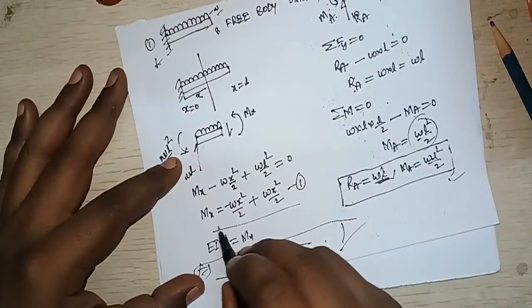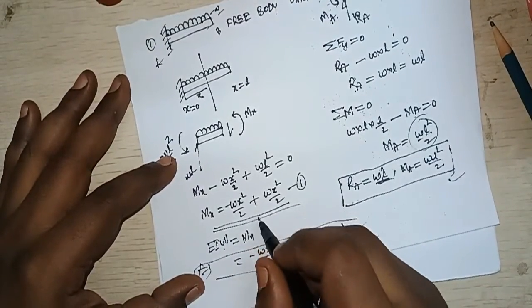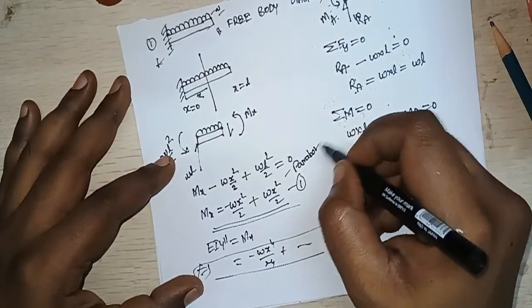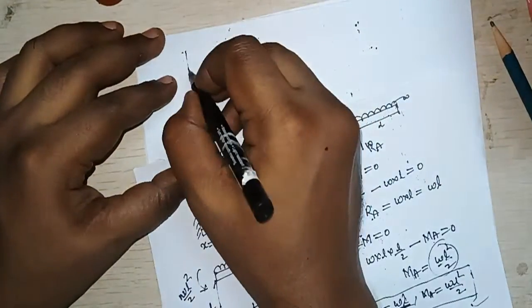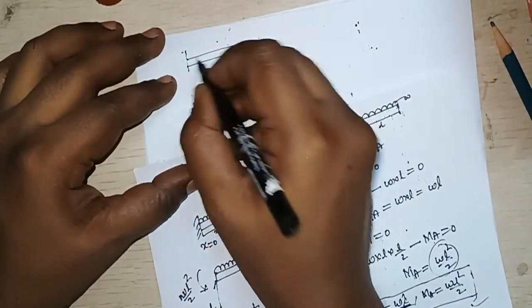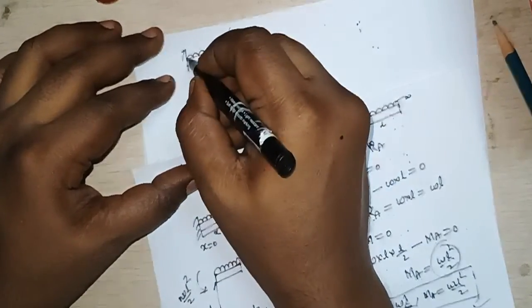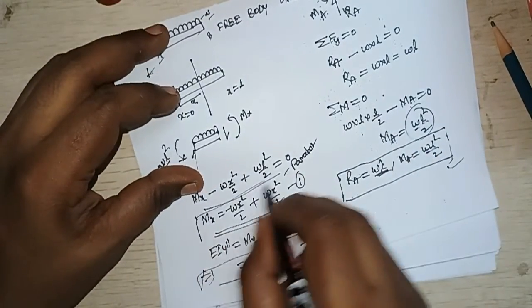Okay, let's draw the bending moment diagram. See how you will draw the bending moment diagram. See this equation. What is this equation? This is a parabola, my dears. So if this is the equation and this is the load, this is the parabola.